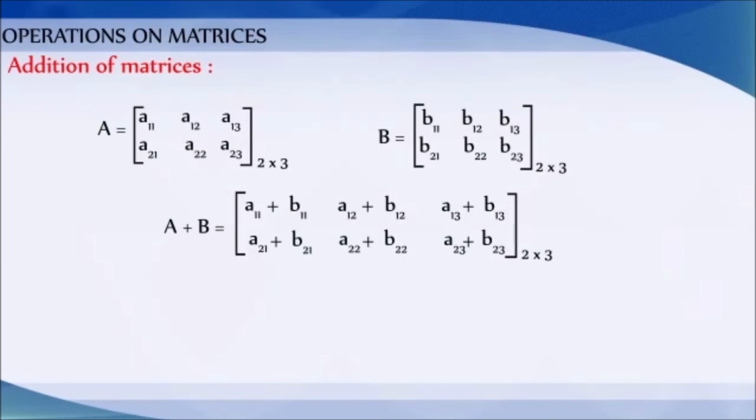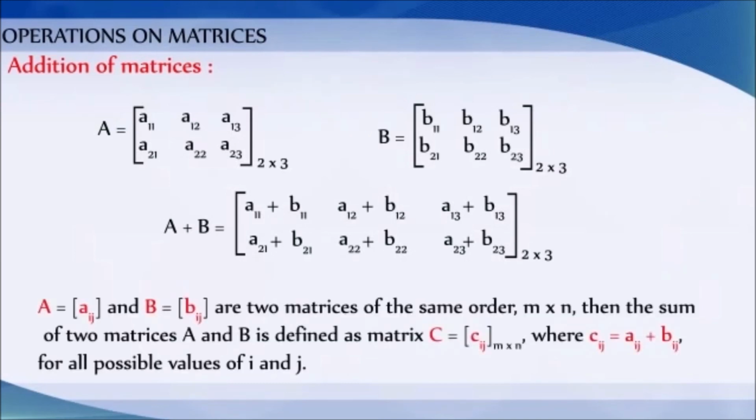In general, if A = [aij] and B = [bij] are of the same order m by n, then the sum of the matrices A and B is defined as a matrix C = [cij] of order m by n, where cij = aij + bij for all possible values of i and j.